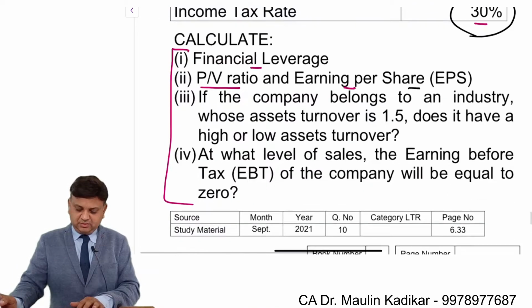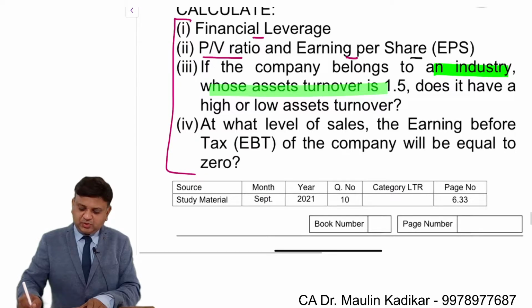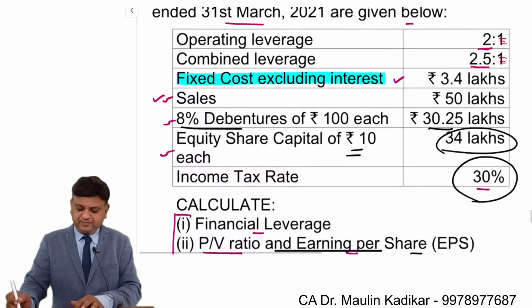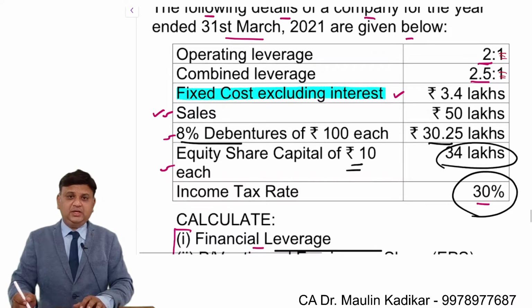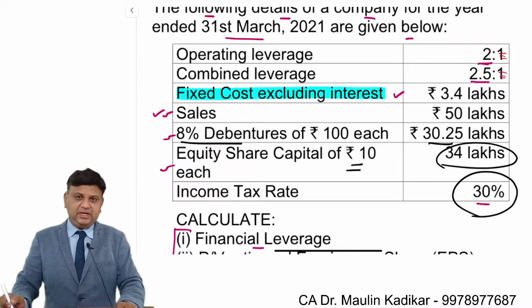Third part of the question. If the company belongs to an industry whose asset turnover ratio is 1.5, does it have high or low asset turnover? That is a question. So friends, over here, we are required to make the computation of the asset turnover ratio of this company.